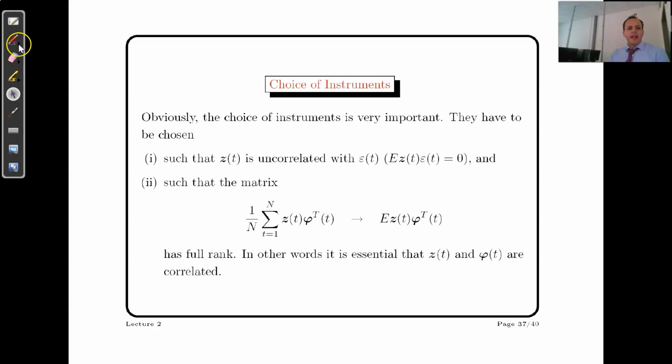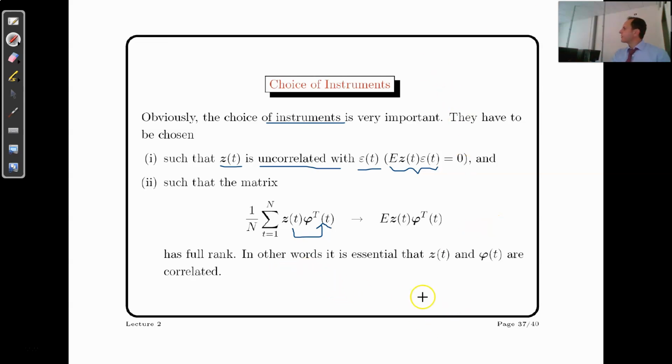So a possible way for selecting your instruments is very important. This is the recipe, like when you are preparing a cake. Z needs to be uncorrelated with epsilon, such that you have this, and Z should be correlated with phi, because these matrices need to be inverted.